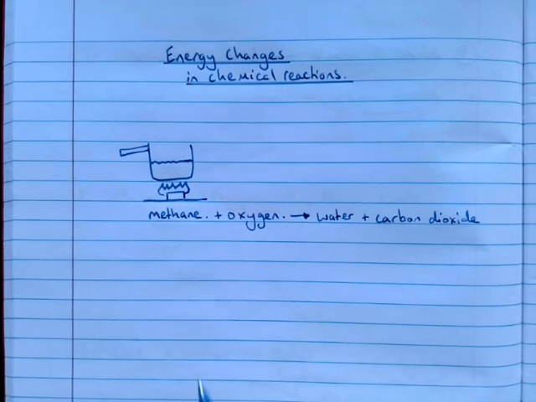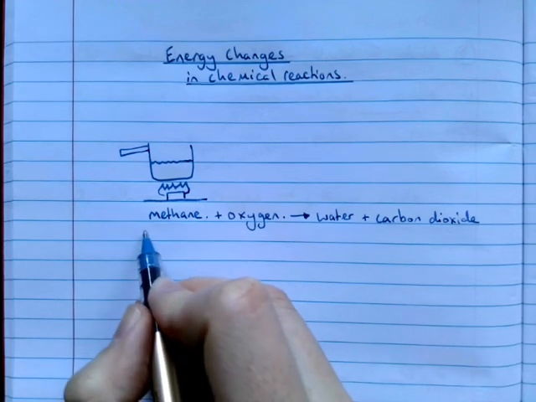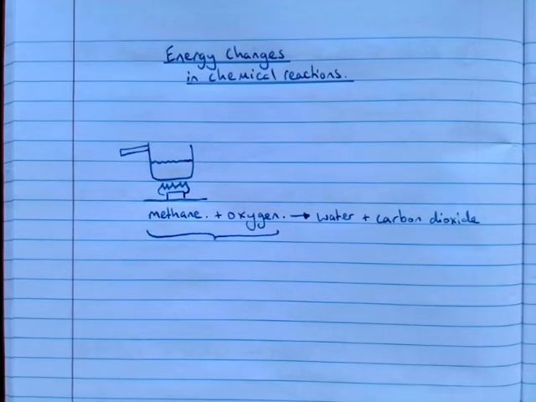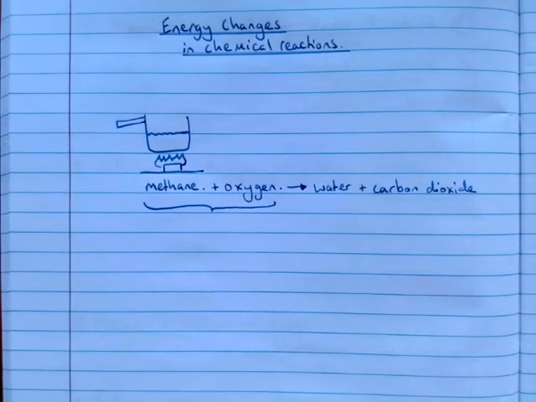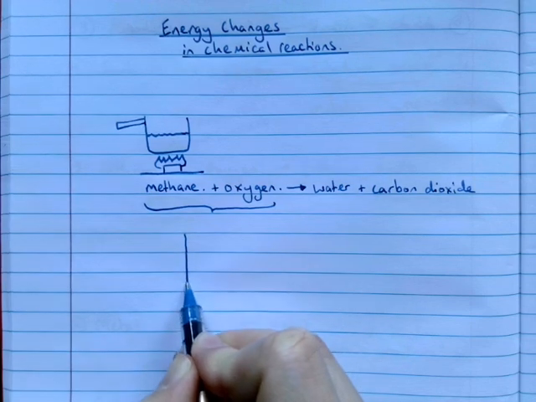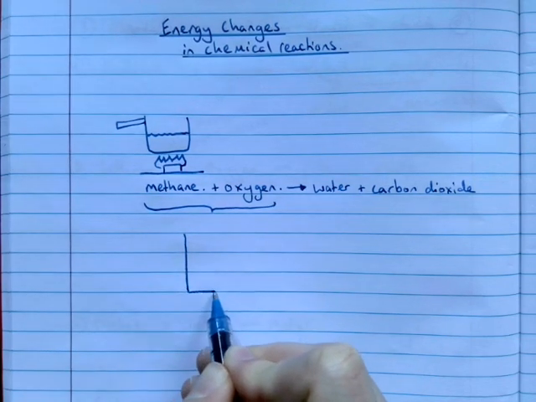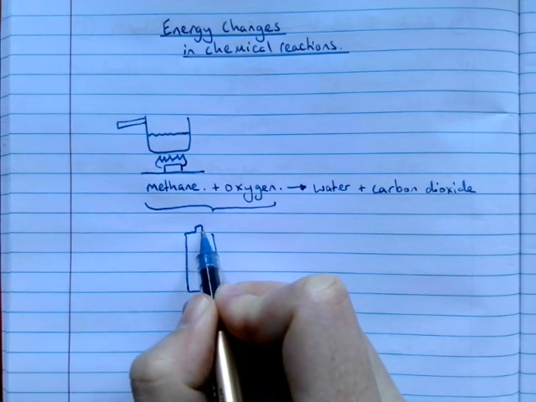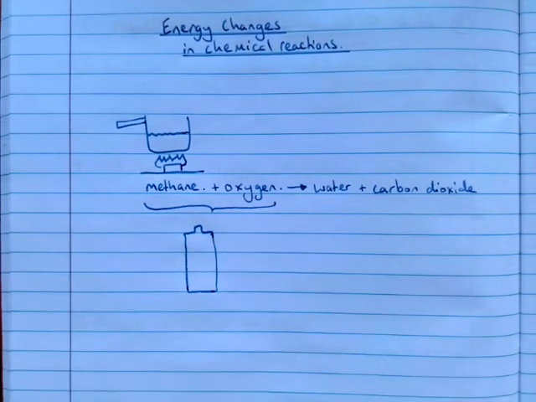All right, so let's think about the reactants. Okay, now we can imagine the amount of energy the reactants have is like the energy in a battery. Now it isn't a battery, it's just like a battery. That's a picture of a battery.